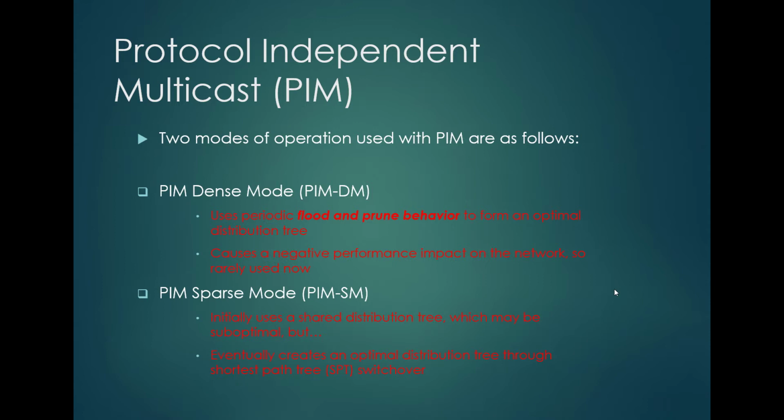Then you have PIM sparse mode, which uses shared distribution trees and can create an optimal distribution tree along the shortest path. Again, there's so much to know about routing protocols. Depending on your organization, you might not be involved in doing this.